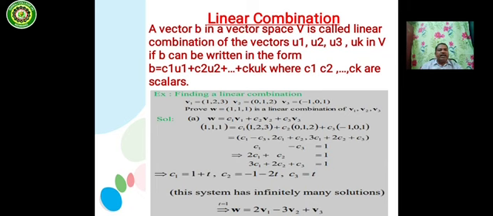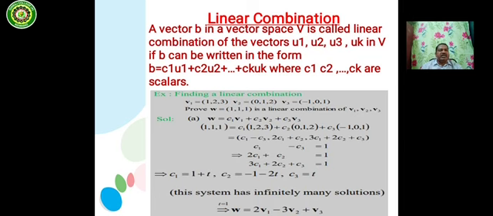So (1, 1, 1) equals c1 times v1, which is (1, 2, 3), plus c2 times (0, 1, 2), plus c3 times (-1, 0, 1). On the right side we get: first coordinate c1 minus c3, second coordinate 2c1 plus c2, third coordinate 3c1 plus 2c2 plus c3. Comparing both sides, we get three equations.